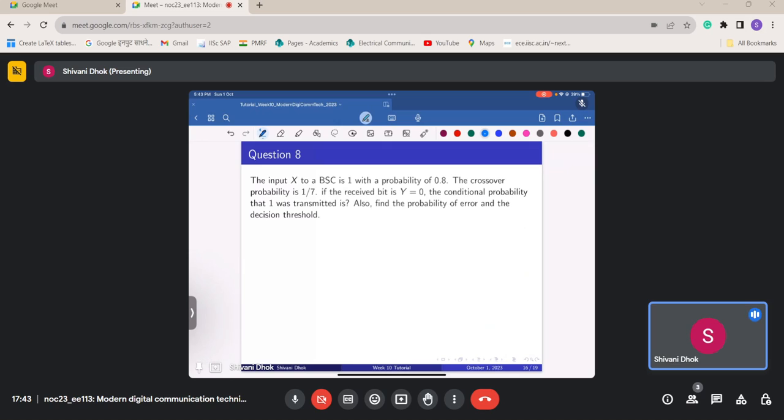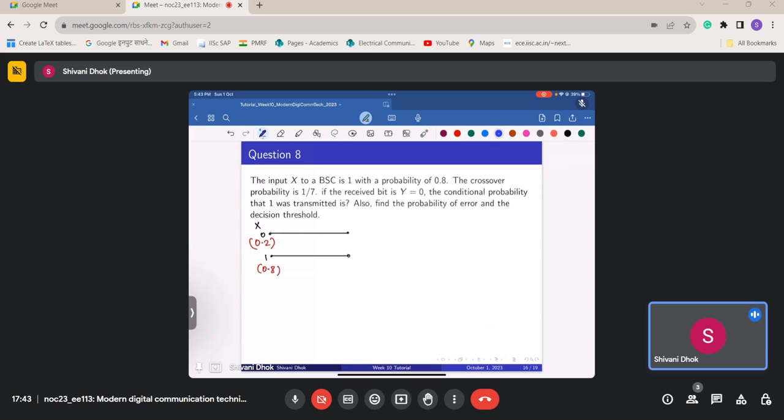So what we have here is that the input x to a binary symmetric channel is 1 with probability 0.8. Again we have a binary symmetric channel, so let me just draw it. So this is x, which can be 0 or 1. x is equal to 1 with probability 0.8 and x is equal to 0 with probability 1 minus 0.8, so that is 0.2.